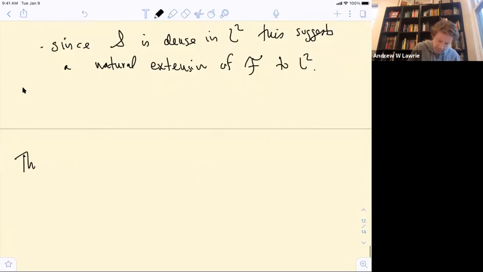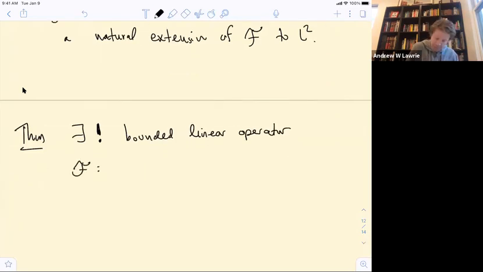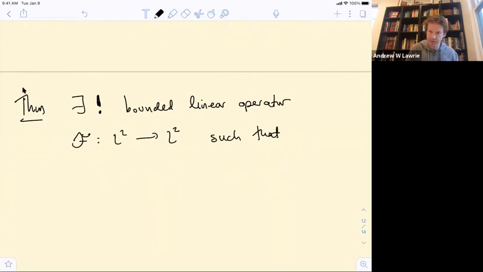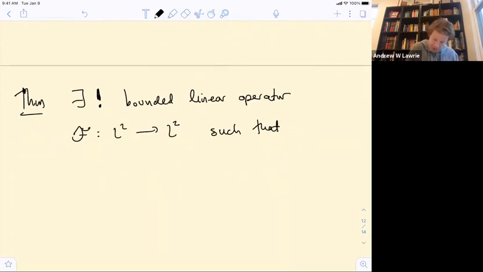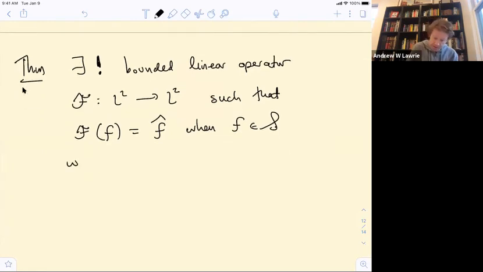So, theorem: there exists a unique bounded linear operator script F from L2 to L2 such that, viewing this as an extension of the Fourier mapping on the Schwartz space, when I restrict to the Schwartz class, script F of f is equal to f hat when f is a Schwartz function, with the following properties.